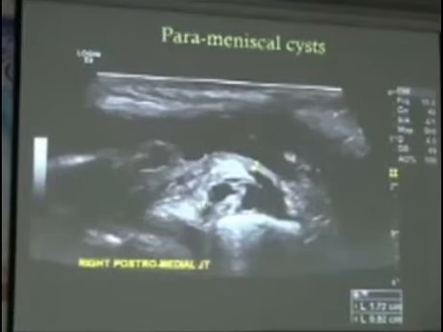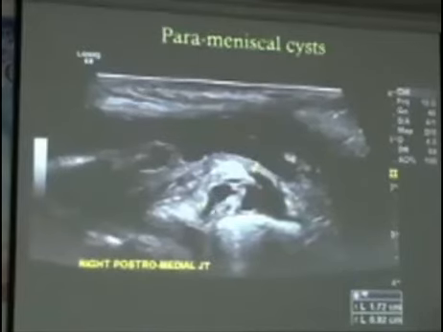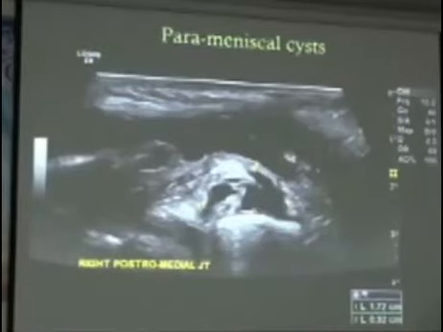So fluid can get out from the joint through the defect in the meniscus into this cystic area, but it can't go back in the other way just because of that ball valve appearance.